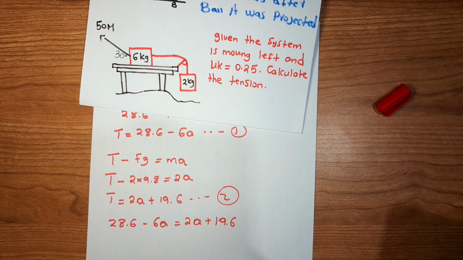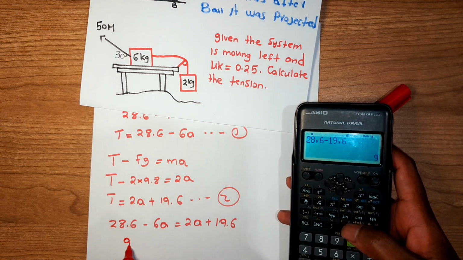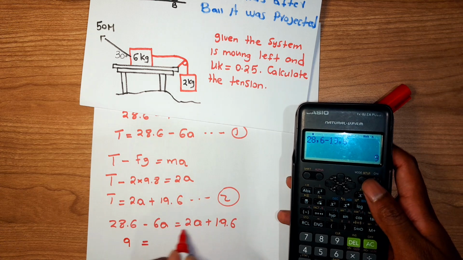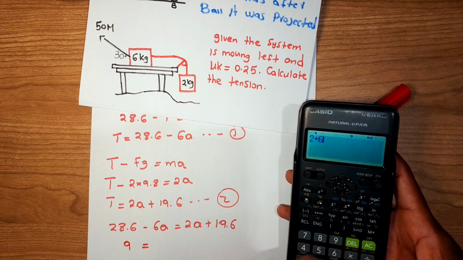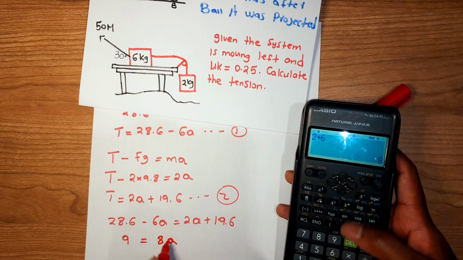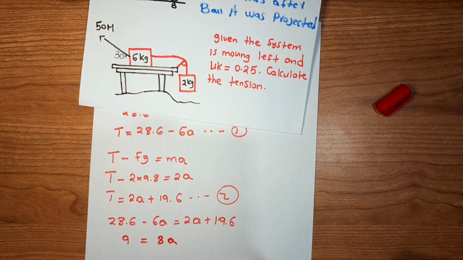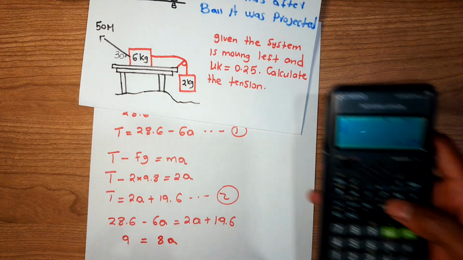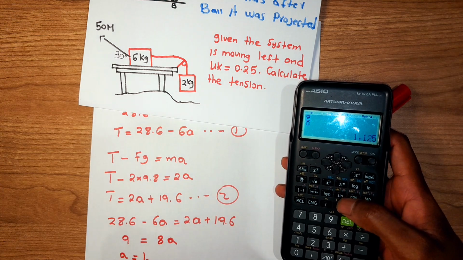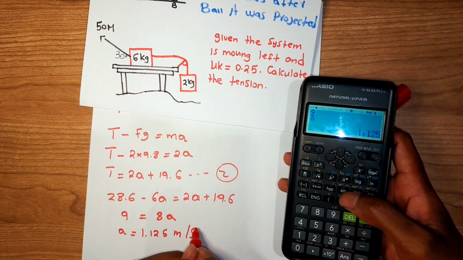So it's 28.6 minus 19.6, I'm going to get 9 equals 2 plus 6, which is going to give us 8a. So I'm going to divide both sides by 8. I'm going to have 9 divided by 8. So I get the acceleration to be 1.125 meters per second squared.